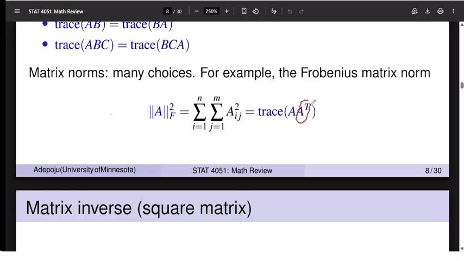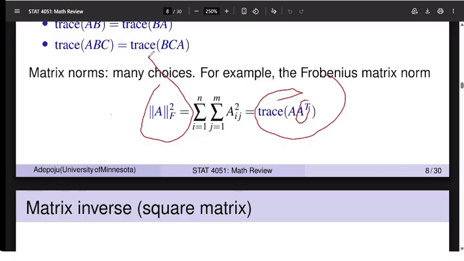After that, I use the original matrix A to multiply its transpose, and I get a new matrix. After getting the new matrix, I look at the elements on the diagonal and add them up. That is the trace, and that is the matrix norm that we talk about.